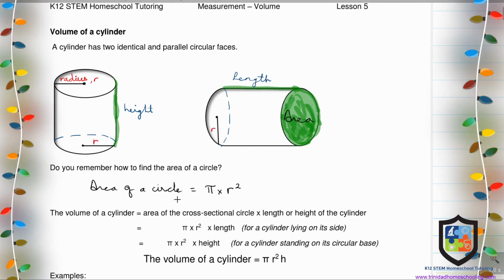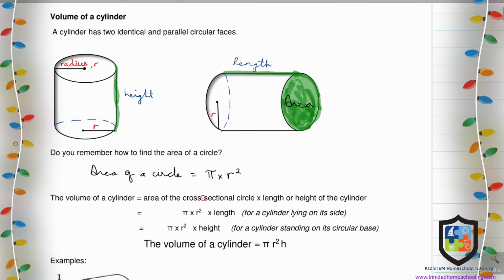Okay, so the volume of a cylinder is simply the area of the cross-sectional circle, multiplied by the length or height of the cylinder. Right, so pi r squared by length for a cylinder lying on its side, and pi r squared by height for a cylinder standing on its circular base.